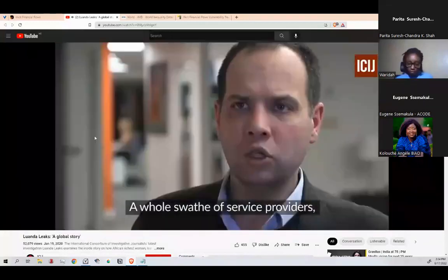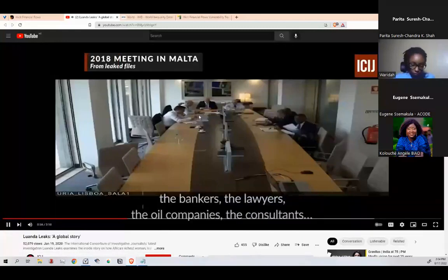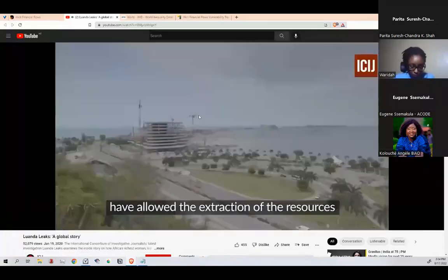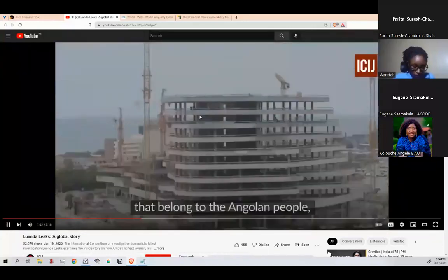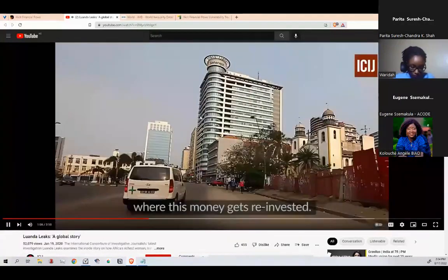A whole swathe of service providers, bankers, lawyers, the oil companies, consultants have allowed the extraction of the resources that belong to the Angolan people from their country to Western capitals where this money gets reinvested.